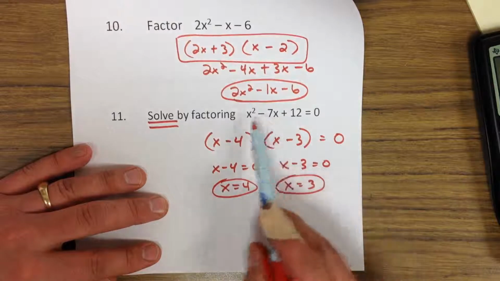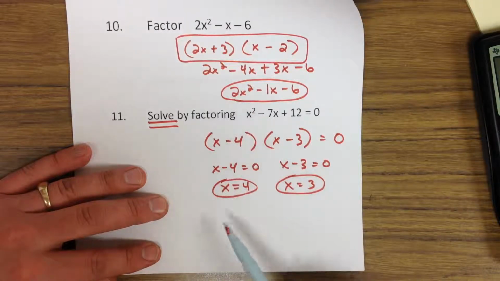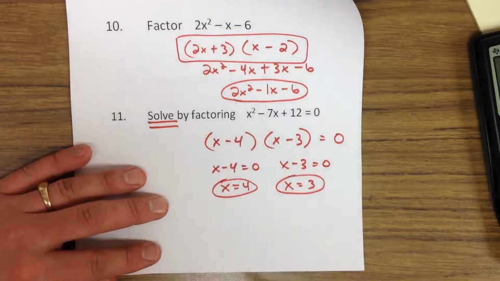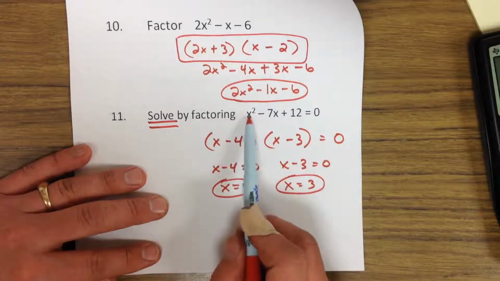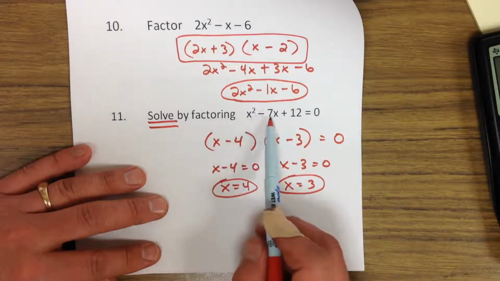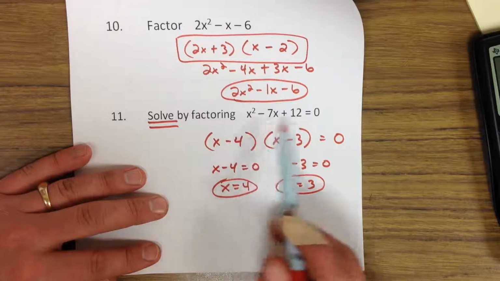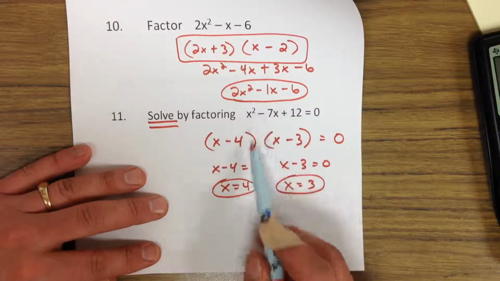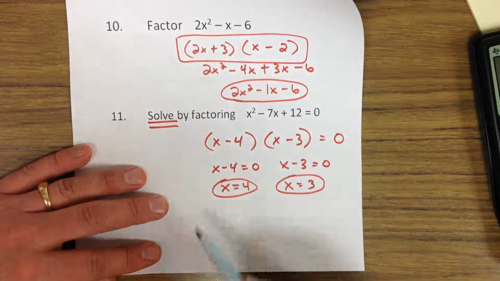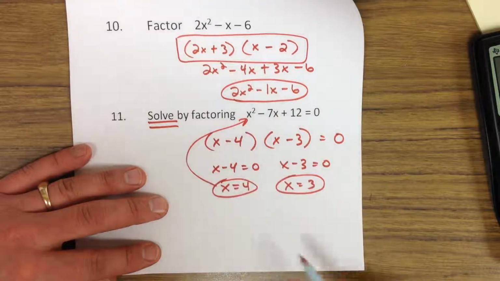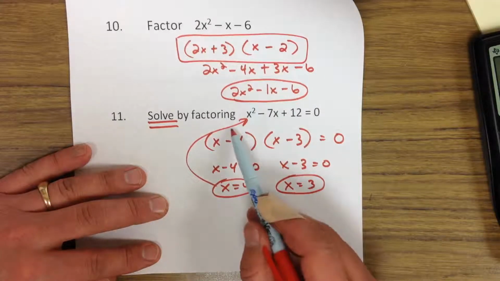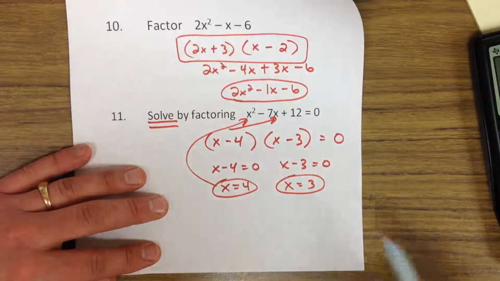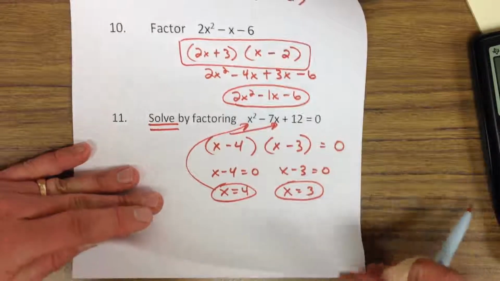And you can always plug this back in and see if you're right. So plug that in. You get 16. 4 squared is 16 minus 28 plus 12. So 16 plus 12 is 28, and then you have a negative 28 in the middle that makes 0. So you can always plug this back in to both x's to see if you get 0, to see if you're right. We probably didn't do that enough this year.